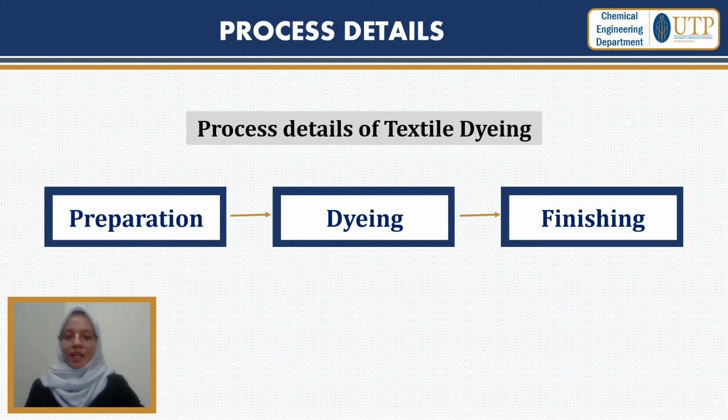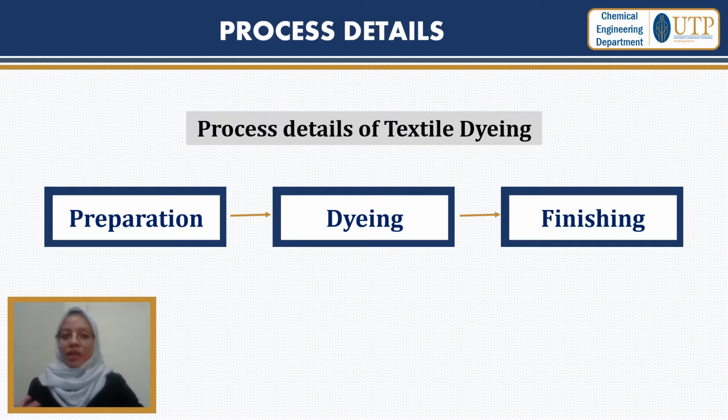Second step is dyeing. Dyeing is the aqueous application of color to textile substrates, primarily with synthetic organic dyes and in some cases at high temperatures and pressures. Surfactants, acids or alkali, electrolytes, and carriers are used in this step.